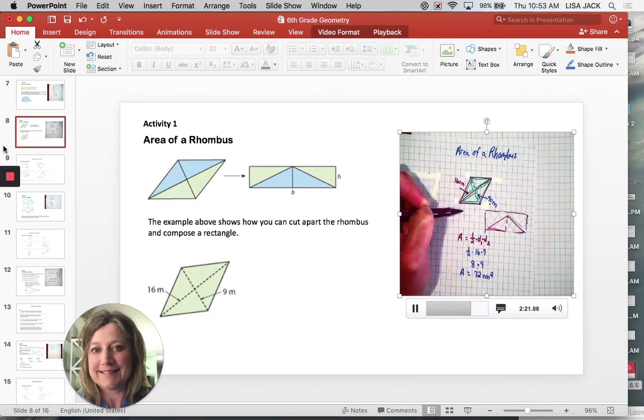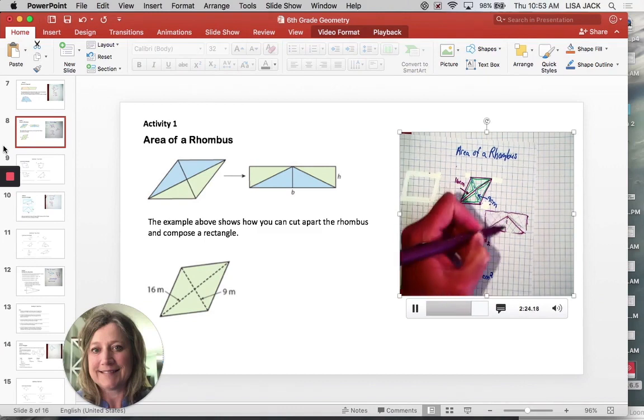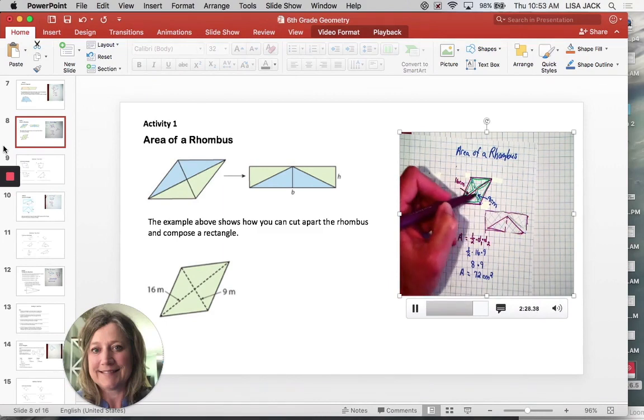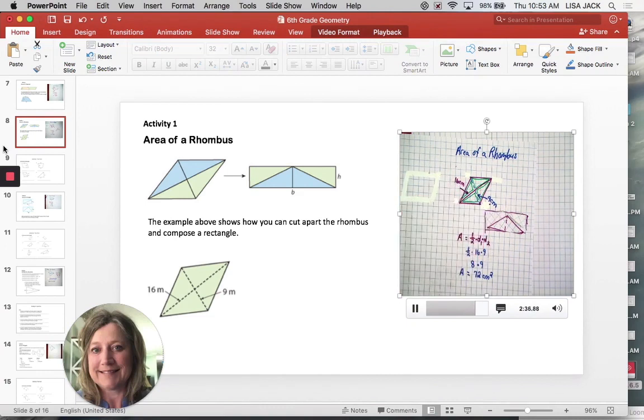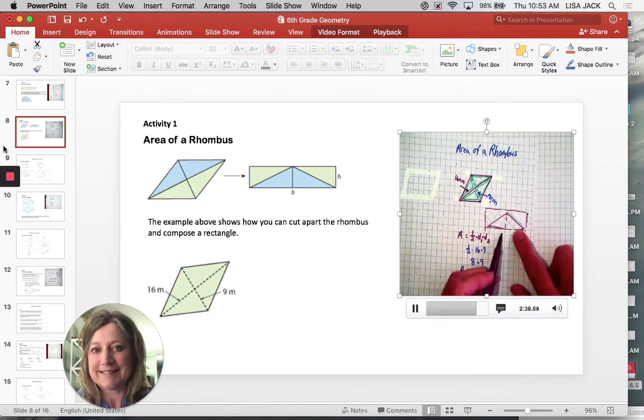The height of the rectangle is half the length of the other diagonal, because this is half. That's how come we can use the same understanding about the formula: we have diagonal 1 times diagonal 2, and we have half of that.